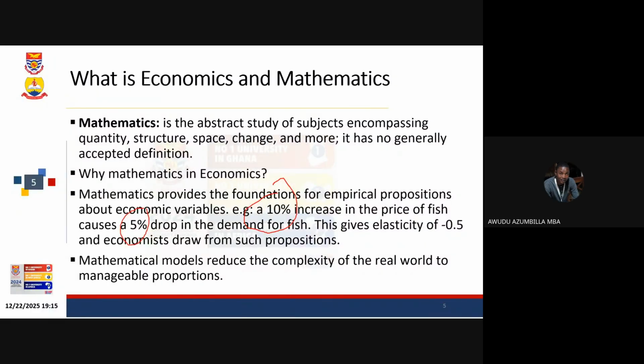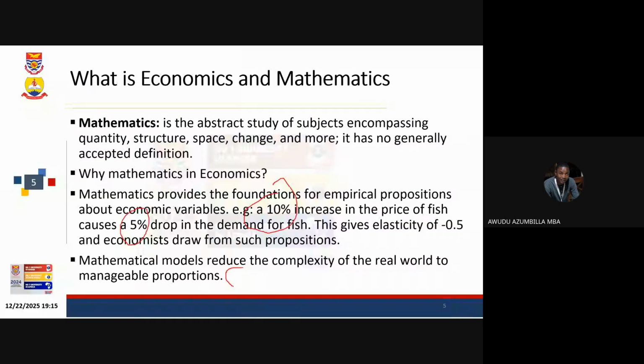So when we hold them constant, we are now simplifying the model. If we simplify the model, then we can use a very simple equation to illustrate that. So mathematics is really important in helping to reduce the complexity of the real world.